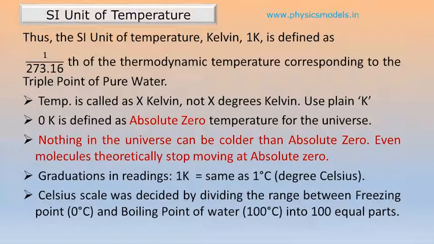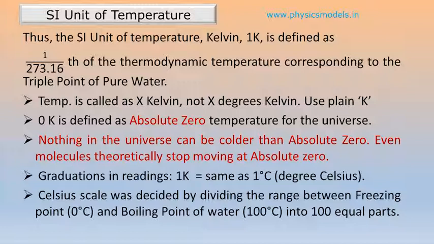0 Kelvin was defined as absolute zero, the coldest temperature possible in the entire universe. At this temperature of 0 Kelvin, even molecules would stop moving, and scientists have come very close to replicating 0 Kelvin.